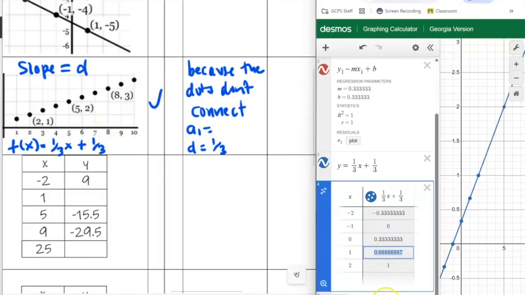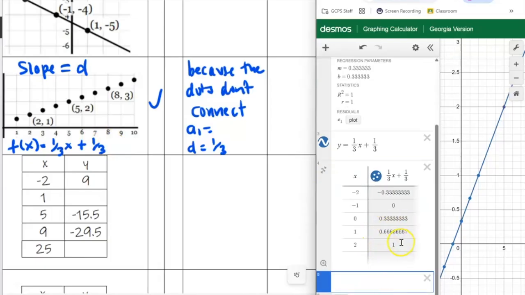I just need to make that a fraction because it's real ugly. So again, I type that in and hit fraction. Now be careful with this because this 7 just means it's rounded the last number. So just ignore the last number and keep repeating what's repeating. Keep going. It's going to go away and then it's going to come back. So 2/3. My first term is 2/3.